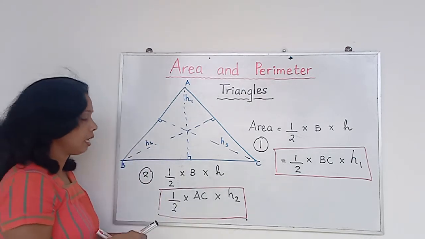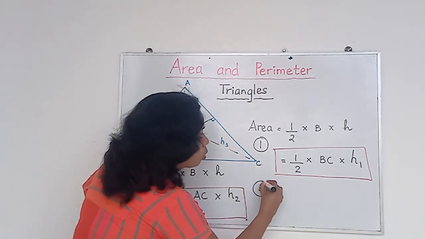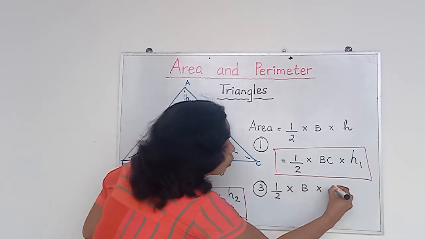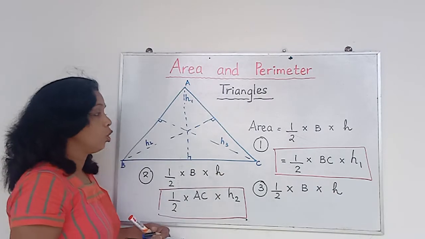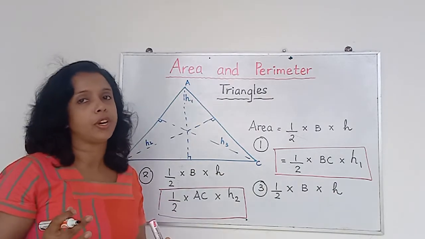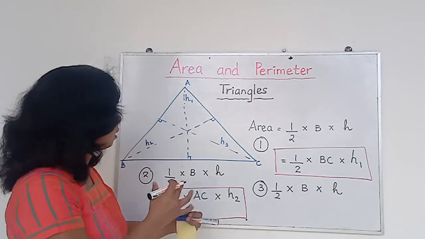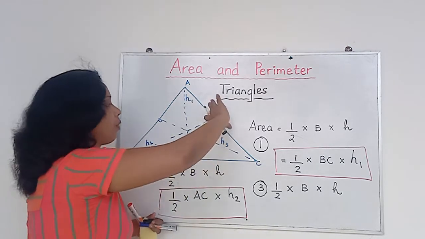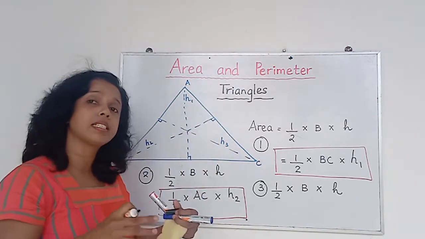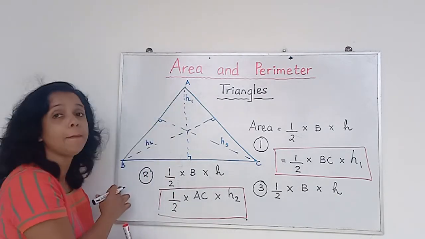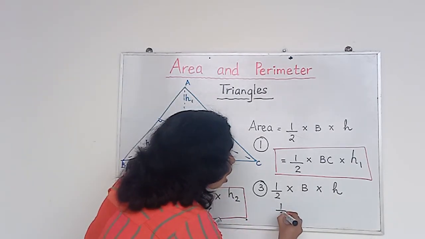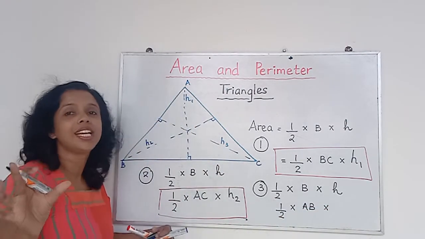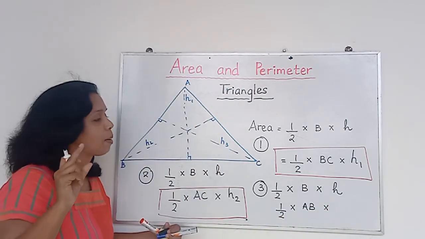Then the third option, again you can use the same thing: half into base into perpendicular height. But I want to do something different from my friends. One friend selected BC and another friend selected AC. I want to select something else, so I am going to select AB. If so, half into AB. Now you can understand what perpendicular height I am going to take.